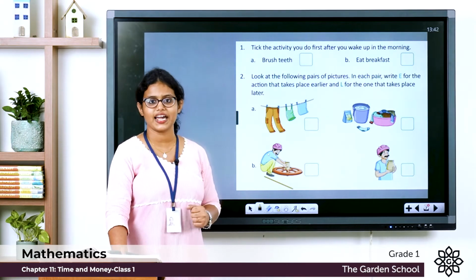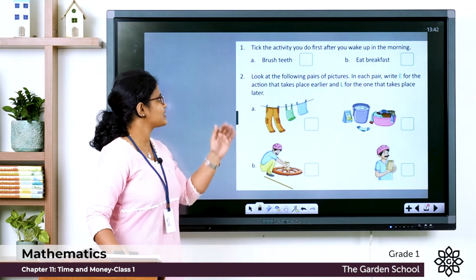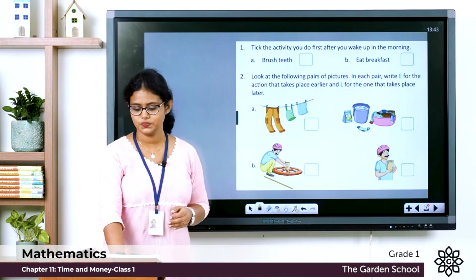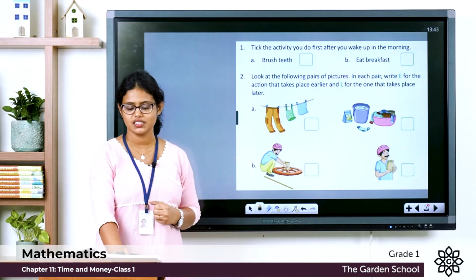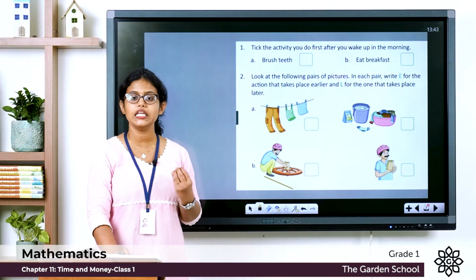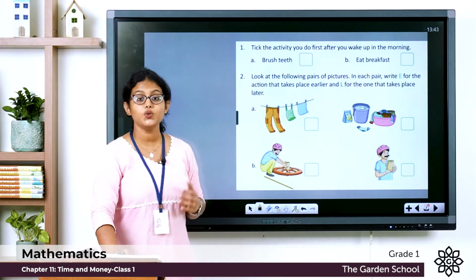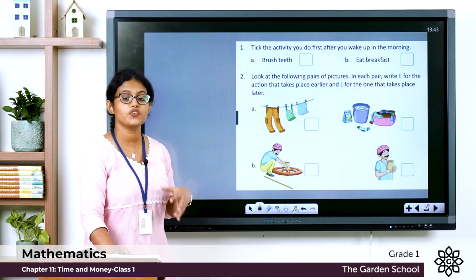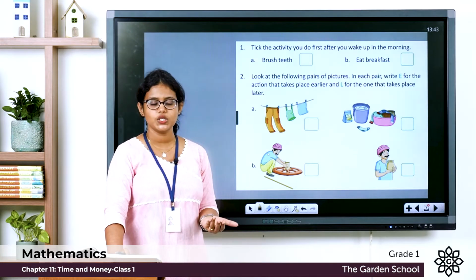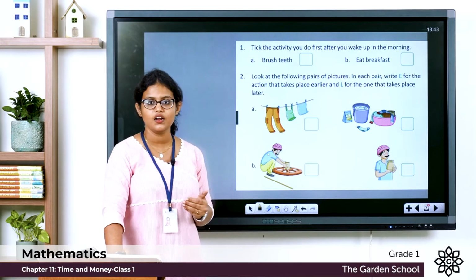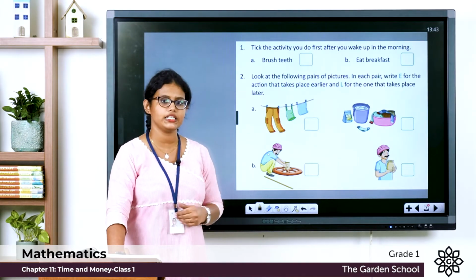So take the right one. Okay. So see the second one. Here you can see pair of pictures. So in each pair, you have to write E for the action that take place earlier, and you have to write L for the action that take place later.